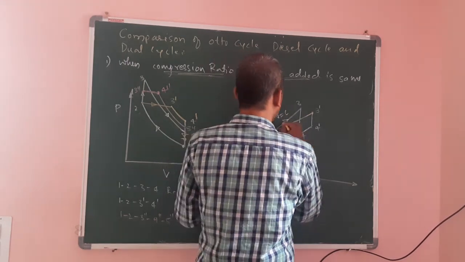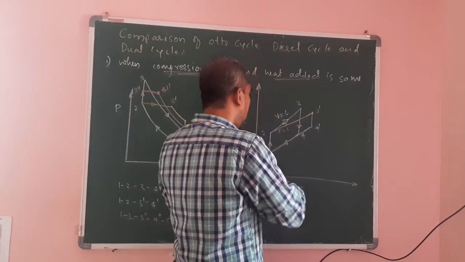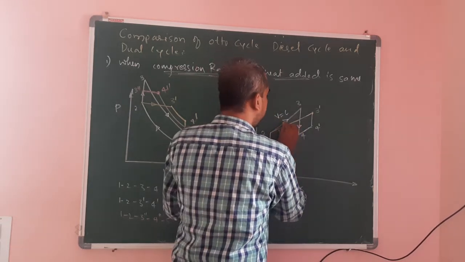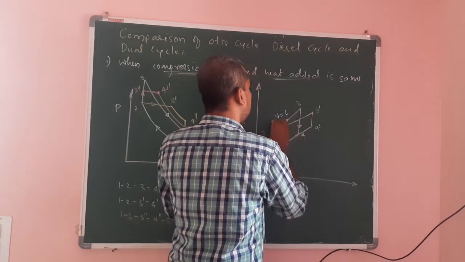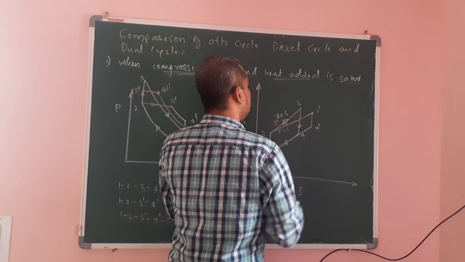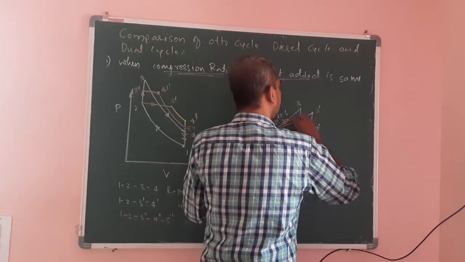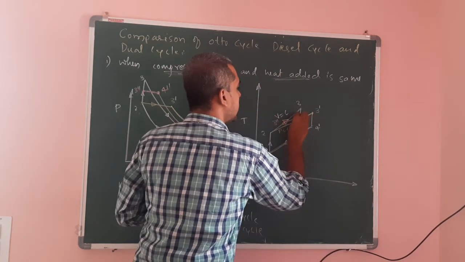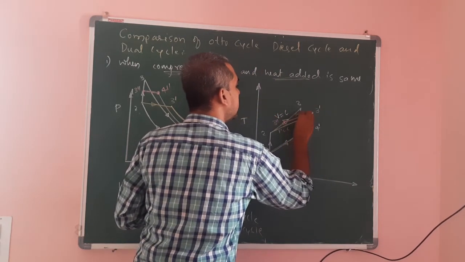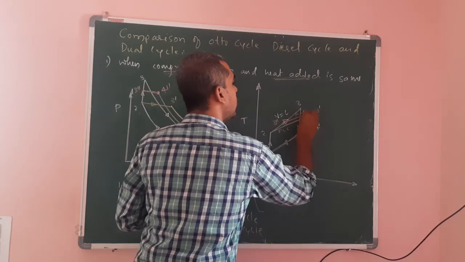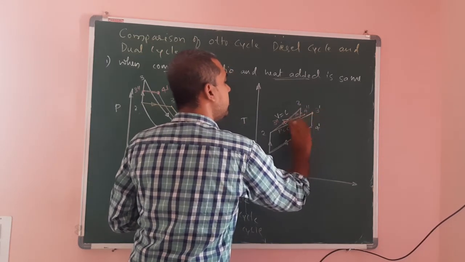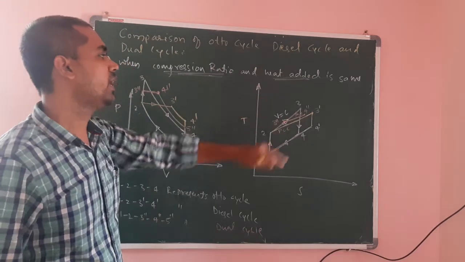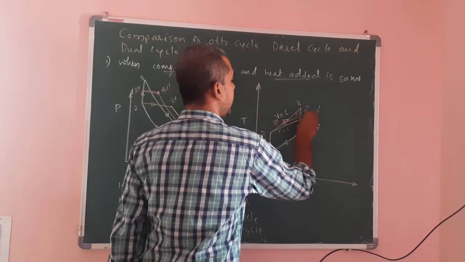A portion of heat is added at constant volume, therefore 3 double dash should be here. Further it will be like this because further it is P equal to C. Further, 3 double dash to 4 double dash will be less steep compared to the constant volume line. Further it is 5 double dash.